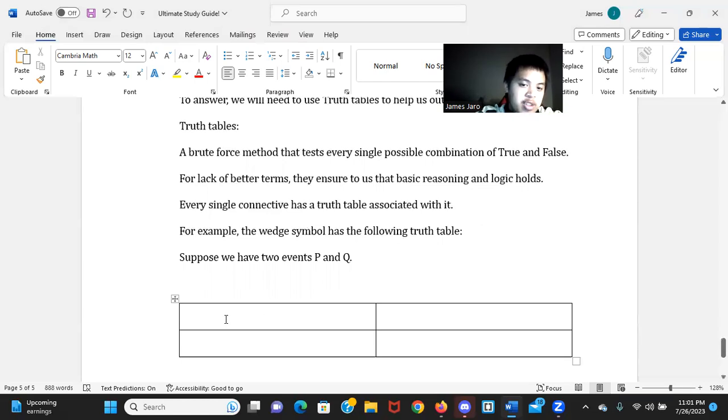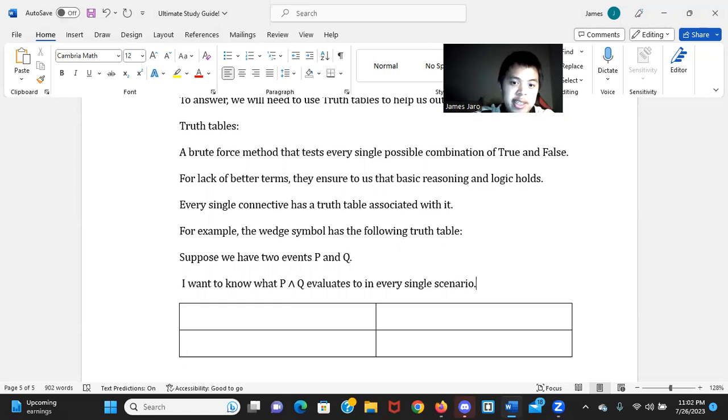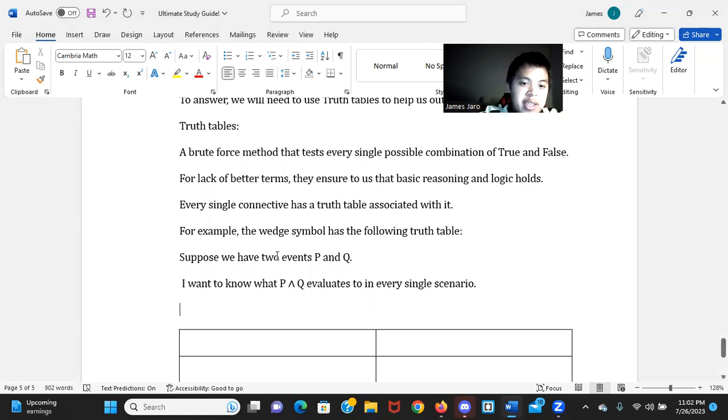So what we would have to do is generate every single possible combination of truths and falses that we could have. And I want to know what P wedge Q evaluates to in every single scenario that happens. So I'm going to create a truth table.